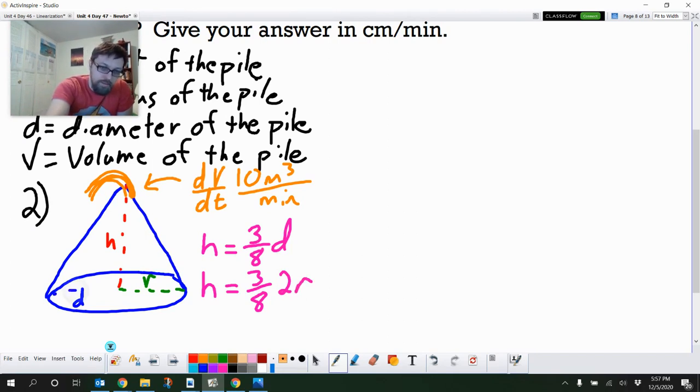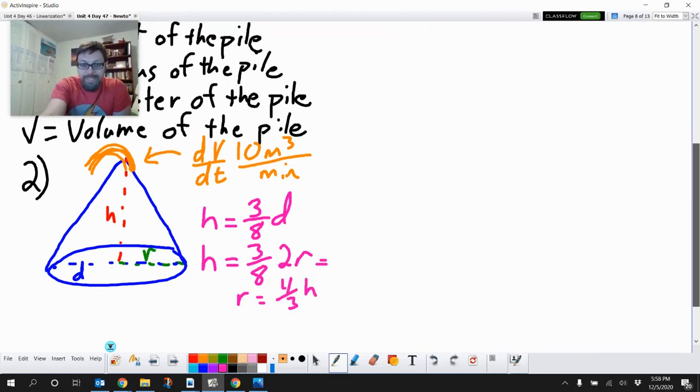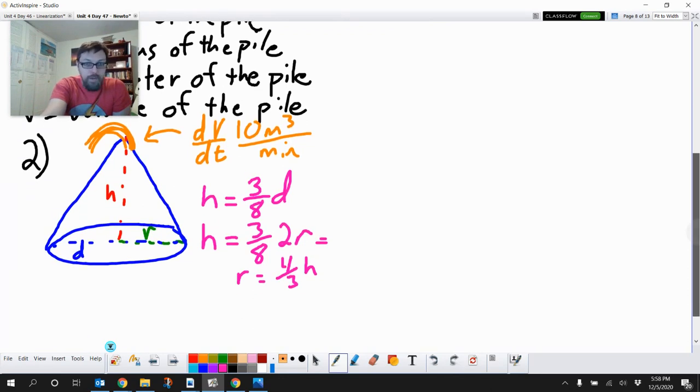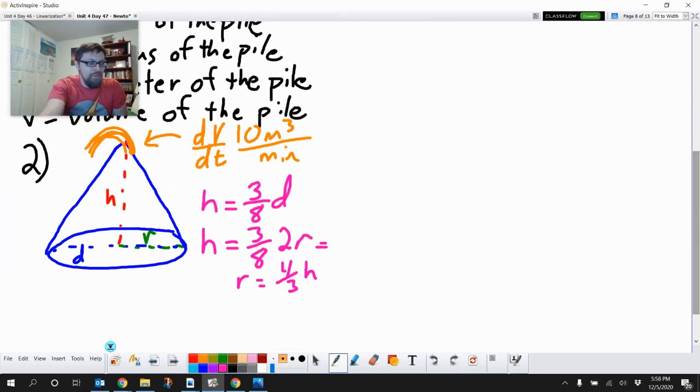Diameter is all the way across. I was thinking circumference this whole time. All right. So we could rewrite this equation as r equals 4/3 times our height to clean things up a little bit. That is all the information that we have for our problem.